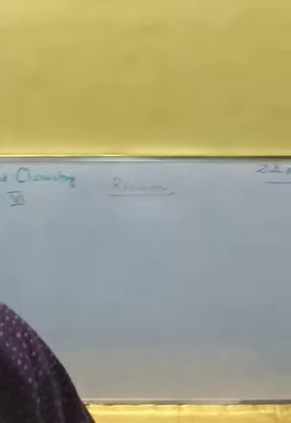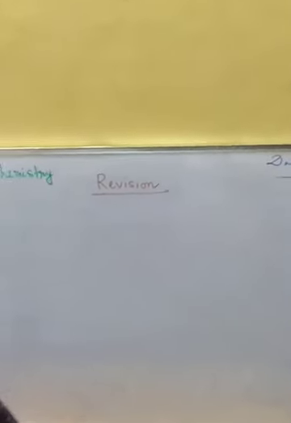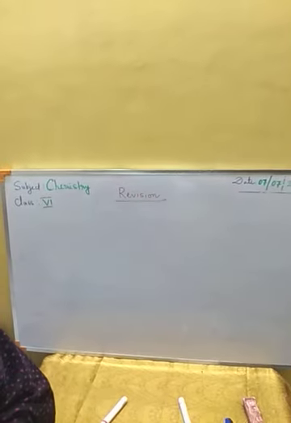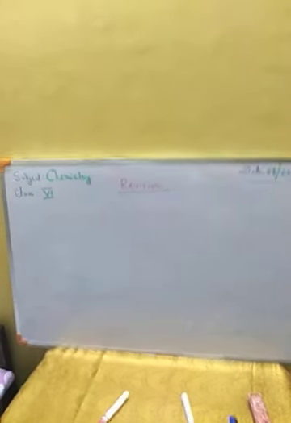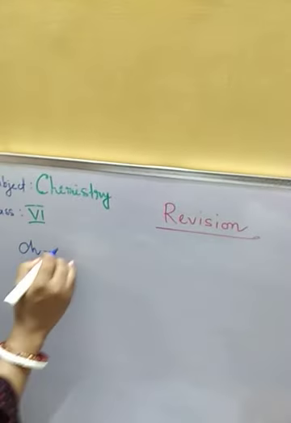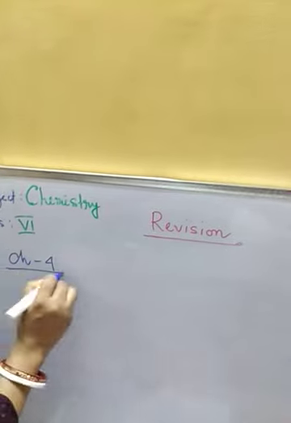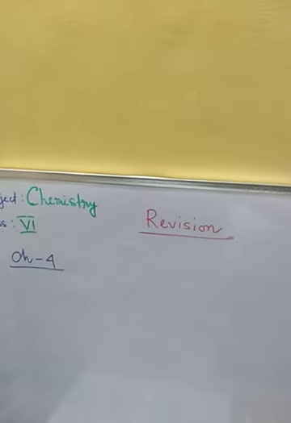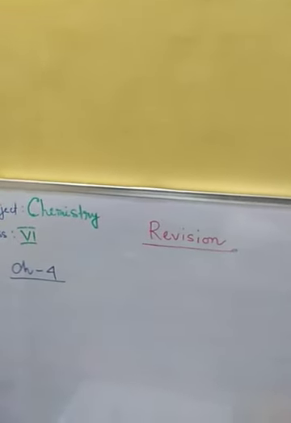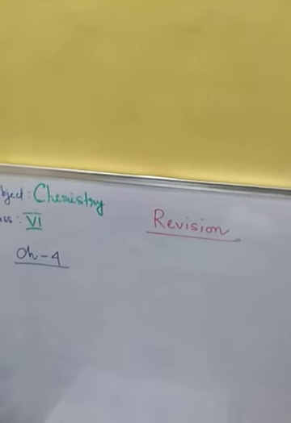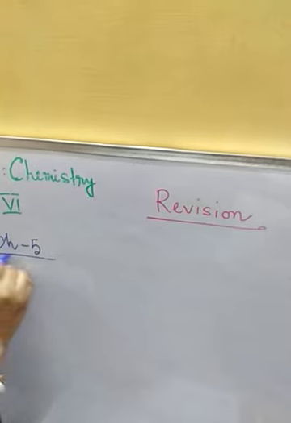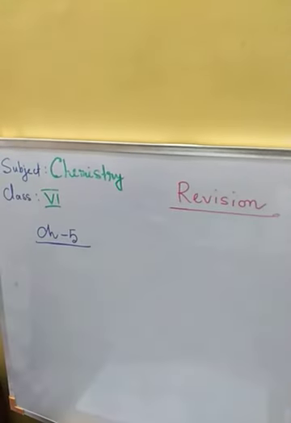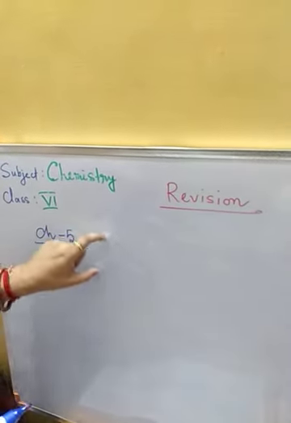Okay, let's start. Today we will be discussing some give reasons. This you will be getting in the exercise only. So the first question is in chapter 4, that is element, compound and mixture. See, in chapter 5, that is pure substances and mixture, this is the chapter in your book.